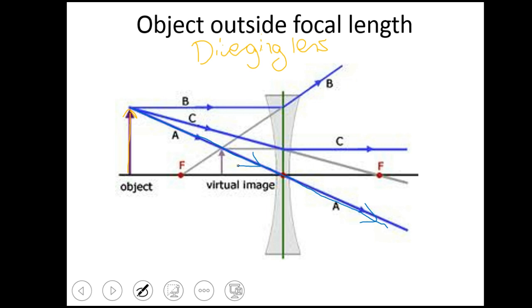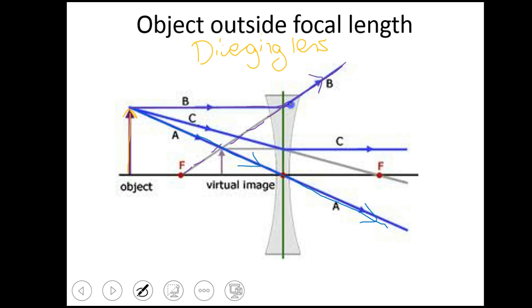The second one is that a ray coming in parallel, instead of being refracted through the far focal point, this time I've got to trace back. It is refracted through the near focal point. And remember that dashed line is not a real ray, but it gets scattered in that direction.